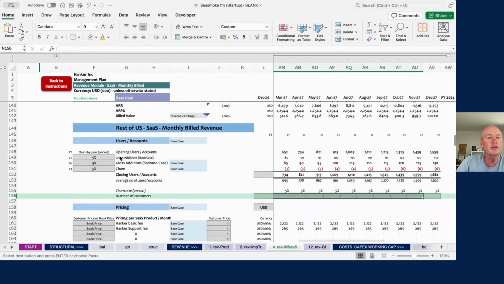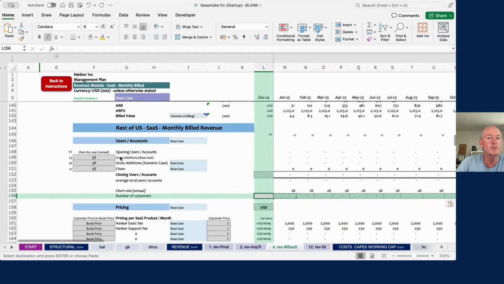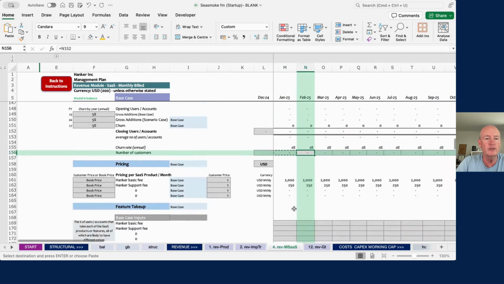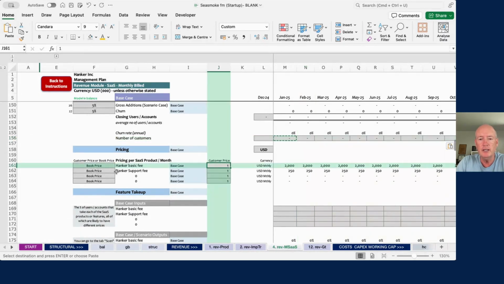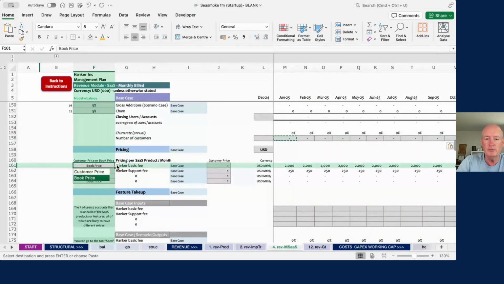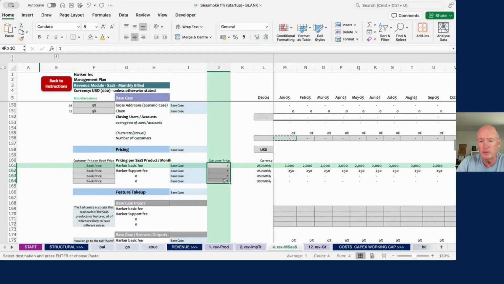And then the next thing is we've got the rest of the US. So it's breaking down each of the cohorts that you've split. So this is rest. Let's just use the same assumption, shall we? We've got nothing here. The number of customers doesn't drive anything. It's just there for some metrics.